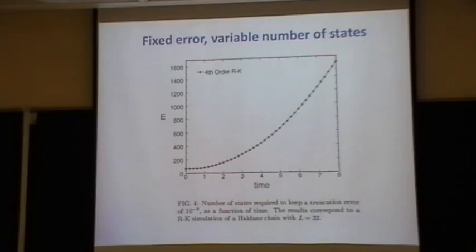Question. In principle, if you have a problem that involves some sort of thermalization, wouldn't I expect that after some time, even though you might have some initial growth, this error would decay when the system goes back to something closer to the ground state? Right.